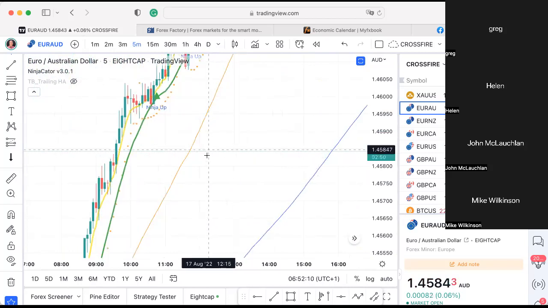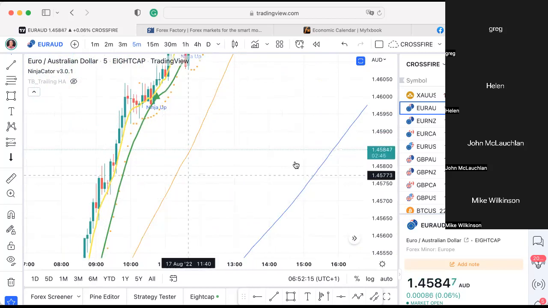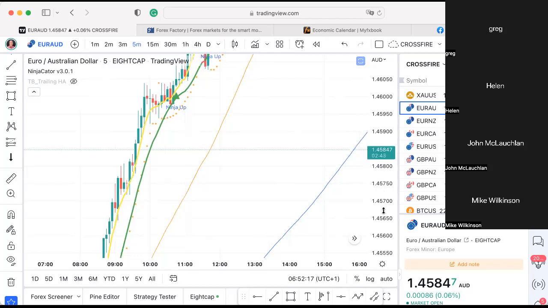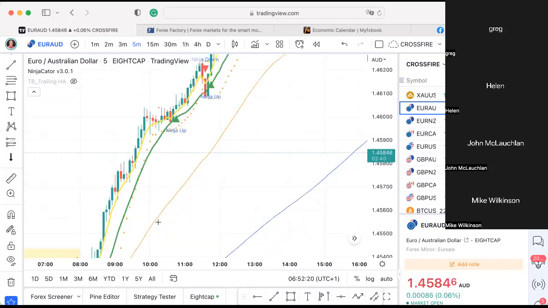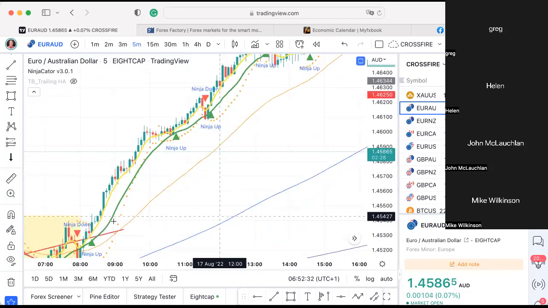There's a chunk there, another chunk there, another chunk here. Without going into fine detail, what that's telling me is there's an awful lot of imbalance, and this is going back to the 17th of August. But all that imbalance has to be taken out at some point.